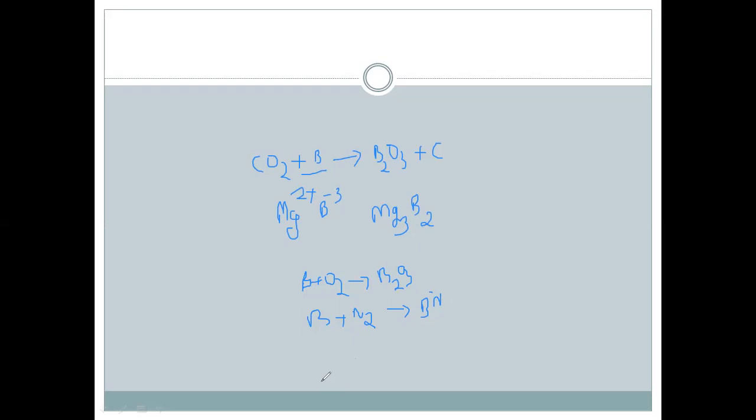Reaction with water. When boron is treated with hot water or steam, hydrogen will be liberated from the water. So boron plus water in the form of steam, not cold water, is going to give hydrogen gas as one of the products.